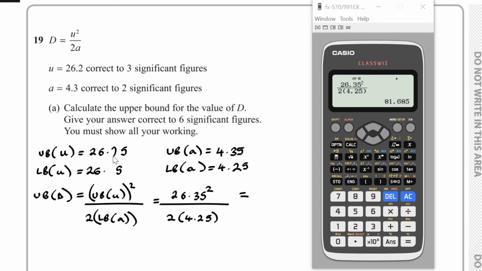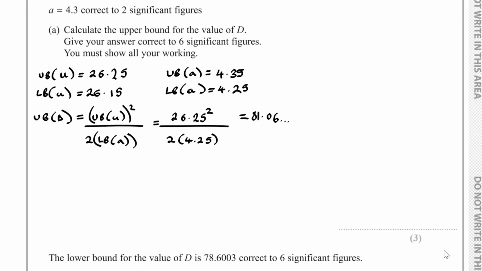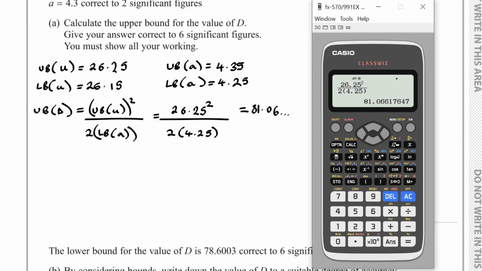So this is 2.5, this is 1.5. So here I'm supposed to have 2.5. So I end up with 81.06, etc. So therefore, to 6 significant figures, we end up with 81.0661.